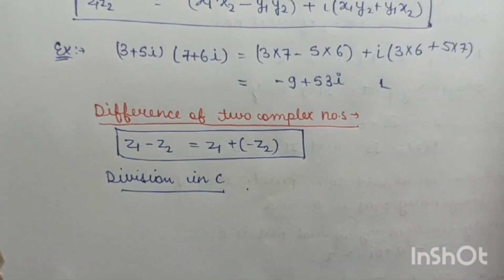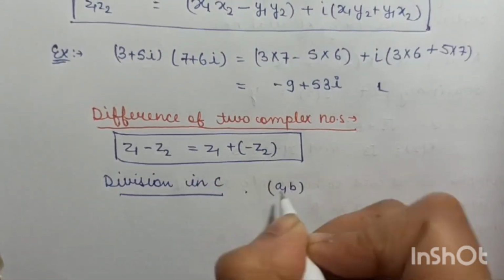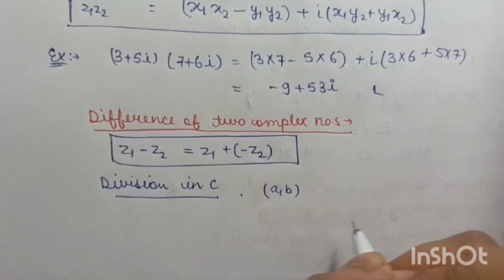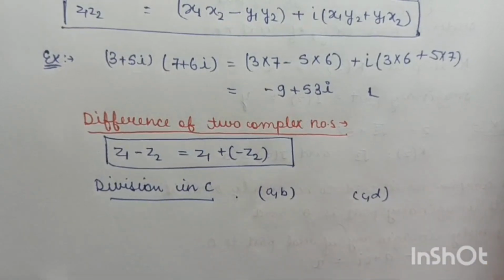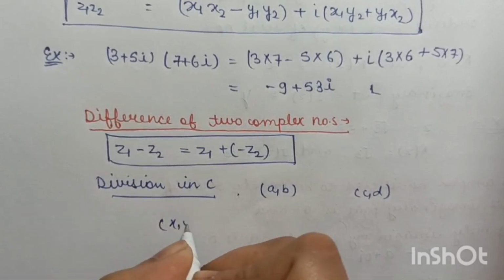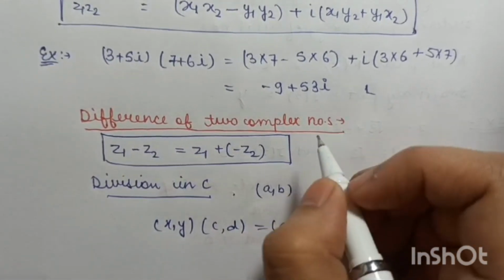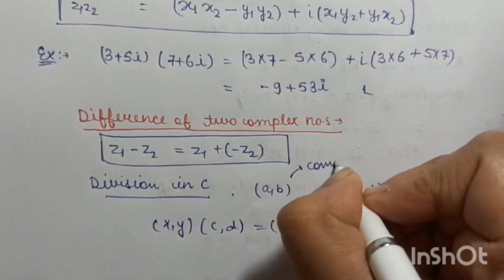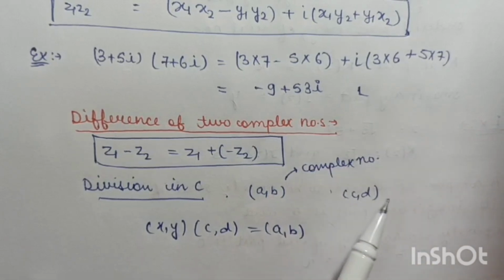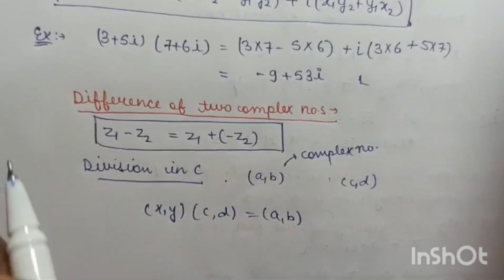So we have a complex number a comma b. A complex number a comma b is said to be divisible by a complex number c comma d if there exists a complex number x comma y such that x comma y times c comma d is equals to a comma b. So if we solve it, we will get some values.